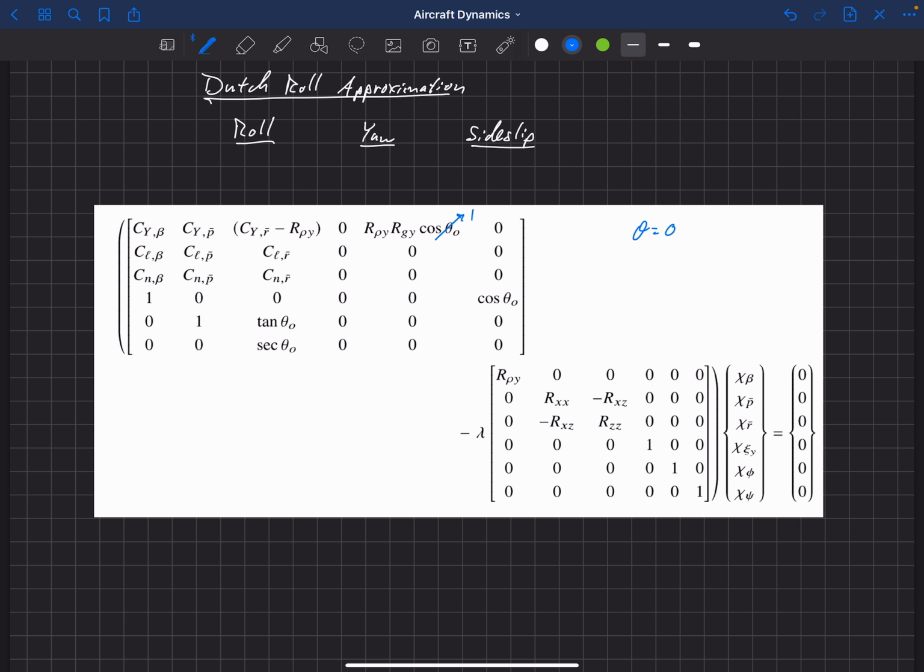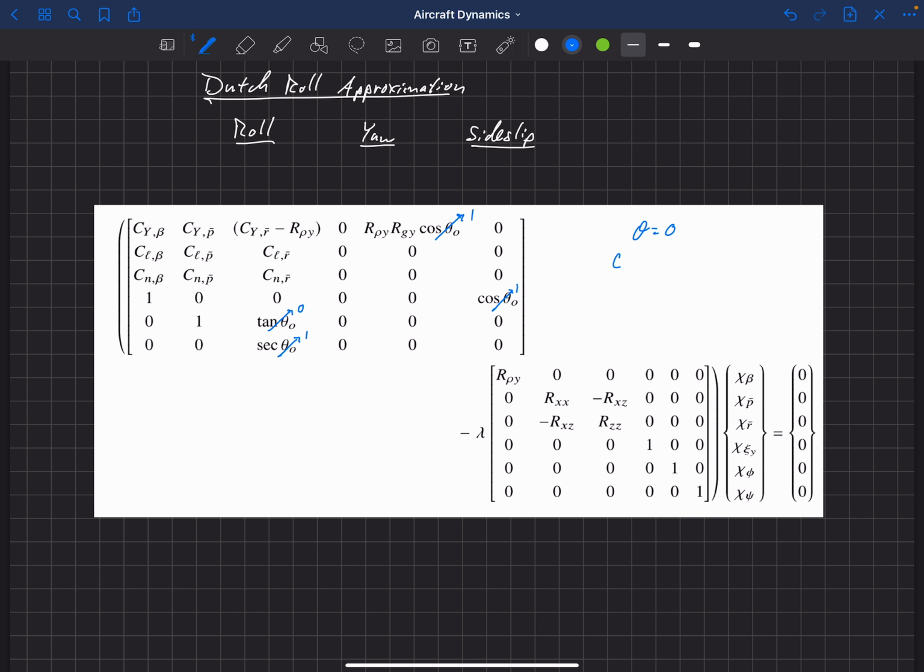But for the equilibrium condition, the aircraft does not have a nose up attitude, so theta equals 0, right? That's our elevation angle. So if you do that, then the tangent is 0, the secant goes to 1, cosine goes to 1, and anyway, that's that approximation.